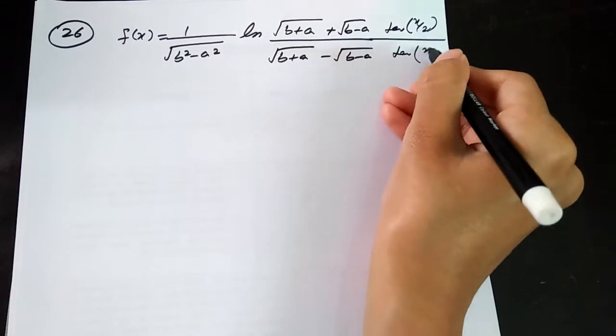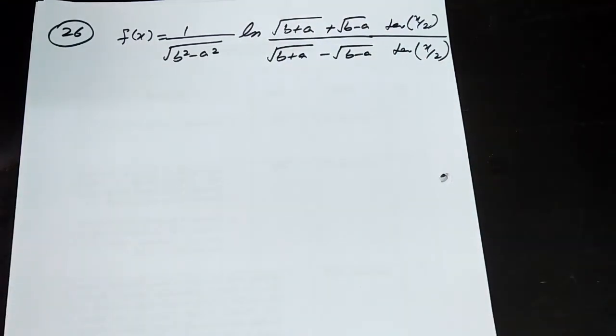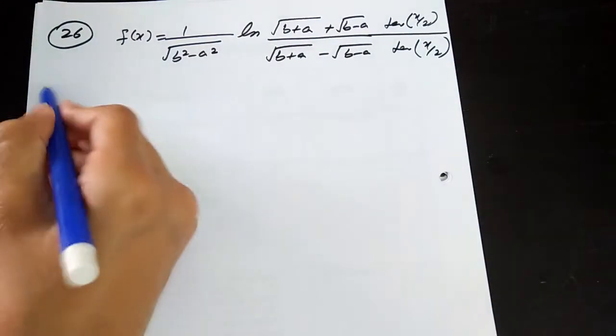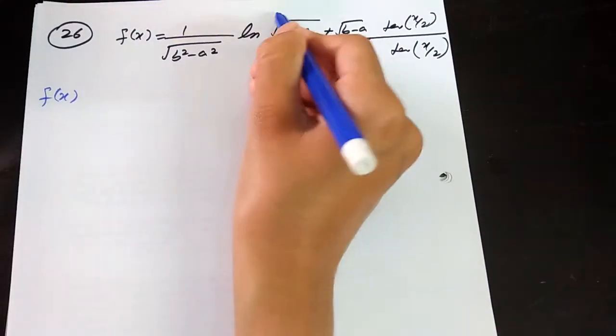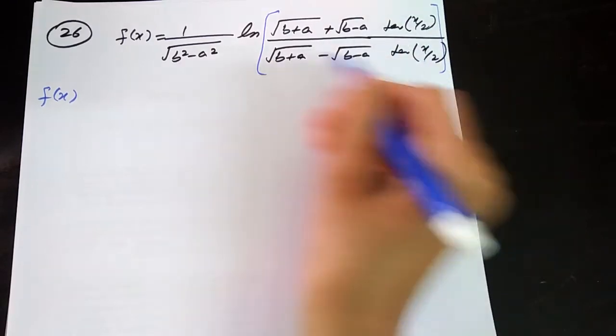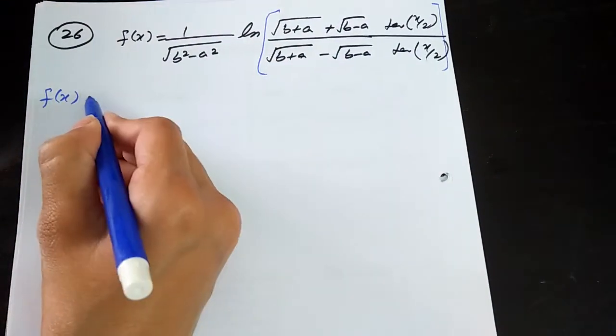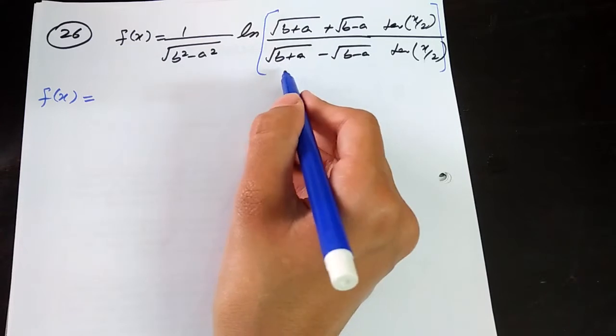Now we know that this is the property of ln. You can see like ln is applied on this whole function. This is the property of ln. We can just separate it.